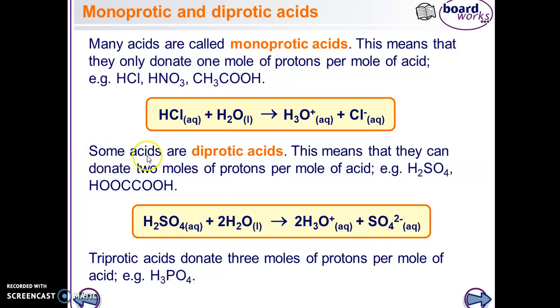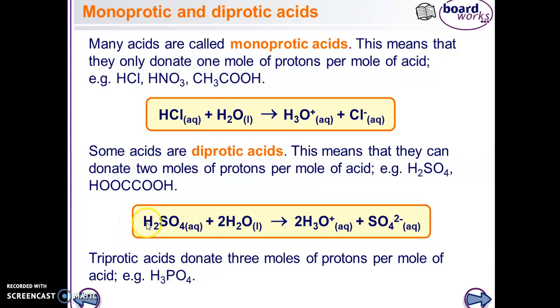Then some acids are diprotic acids. When any acid on dissolving in water, one molecule is able to produce two protons or two hydrogen positive ions, then that acid is called a diprotic acid. Di means two, protic means protons. So diprotic means the acid producing two protons or two H positive ions in water.